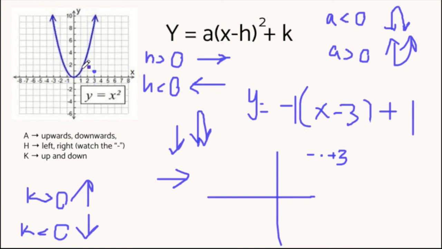As you can see, when you look at the slope of the parent function, it goes 1, and then it goes up 3, and our new graph is going to be like this. So that's how you can use the vertex form and your knowledge of the parent function to predict and graph where a vertex form graph is.